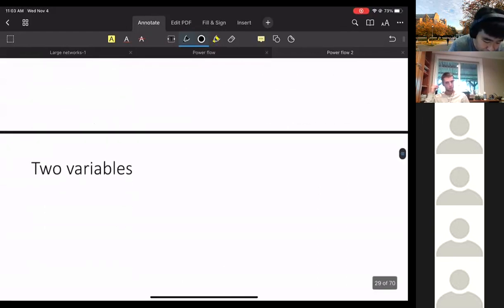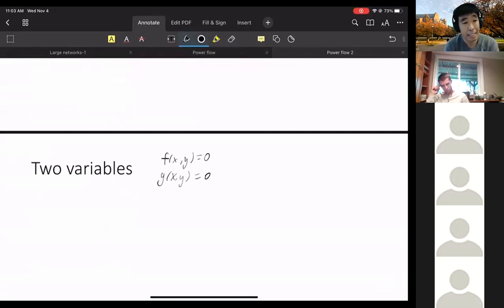For two variables, let's say we're solving something like f(x,y) equals 0, g(x,y) equals 0. We want to find x and y that simultaneously satisfy these equations. The procedure is all the same.